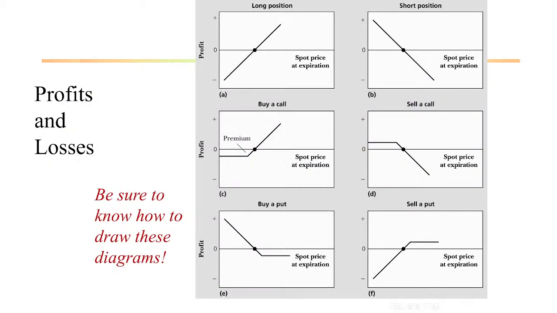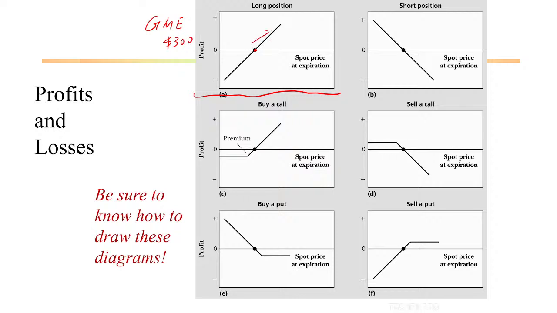So understanding the profit and loss is very important. So be sure to know how to draw these diagrams. Taking a long position, for example, in a stock: say you buy GameStop at $300.